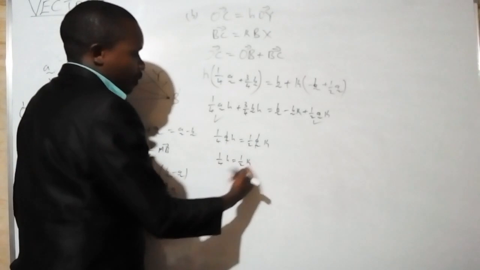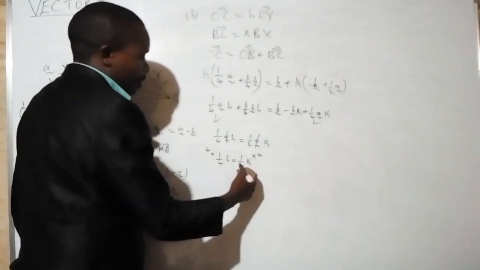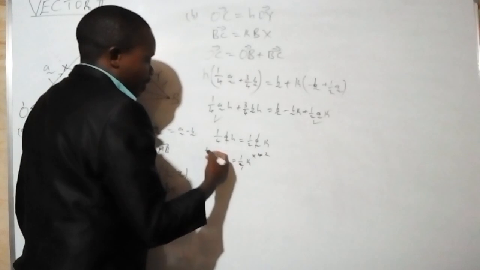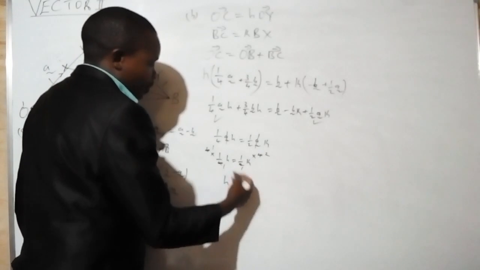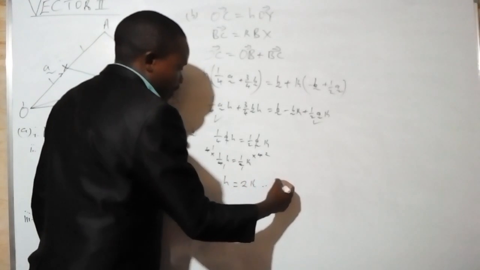You multiply by 4, and H will be 2K. This will be our simultaneous equation 1.